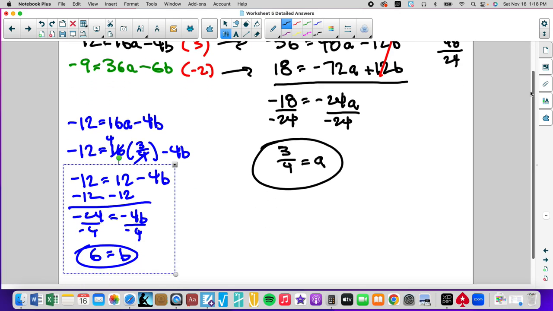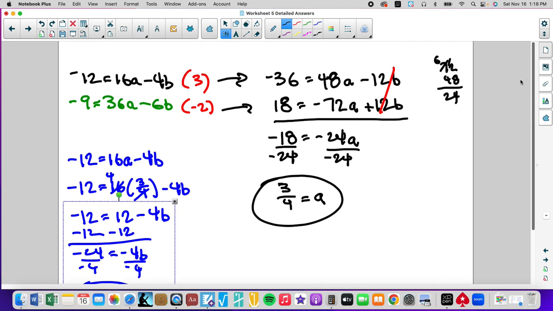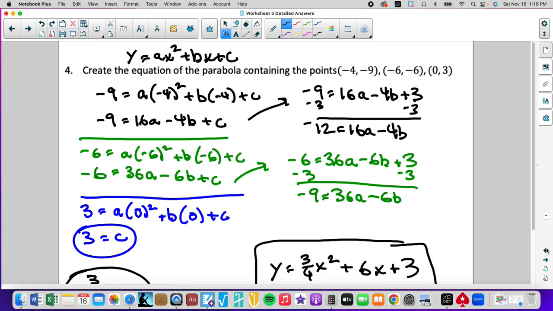Negative 12 minus 4b. 4's cancel. 12 minus 12, that's a negative 4b. Makes a positive 6. Unless I made a mistake in the negative 4b. Did I make a mistake in the negative 4b? No, negative 4. What's this one? Negative 4b. That's correct.